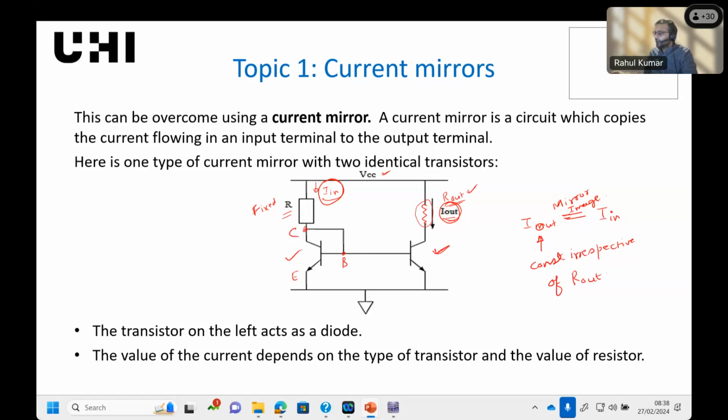Okay, so this is your current mirror circuit. Now we will look at it on Multisim.